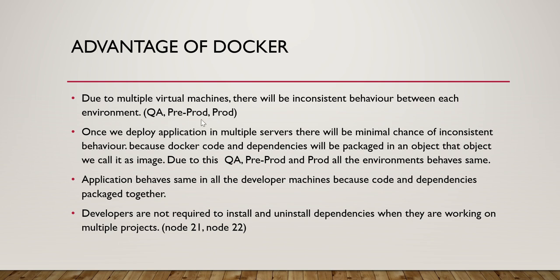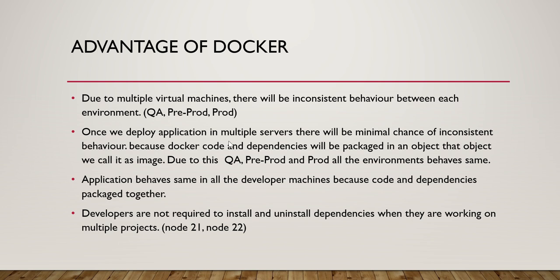Due to this, the behavior of your application will be different in the QA environment, in the pre-prod environment, and in your prod environment. So that will be inconsistent behavior across the environments. That is a major disadvantage if you are going with a virtual machine or any olden days deployment process.